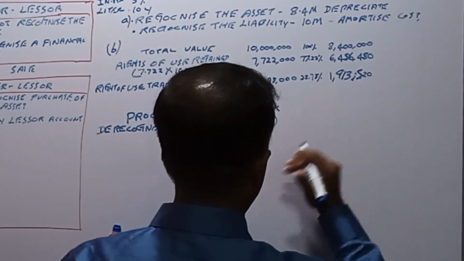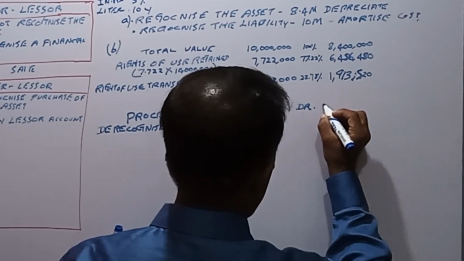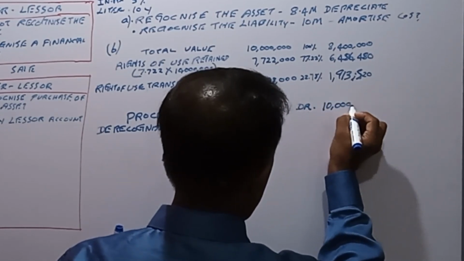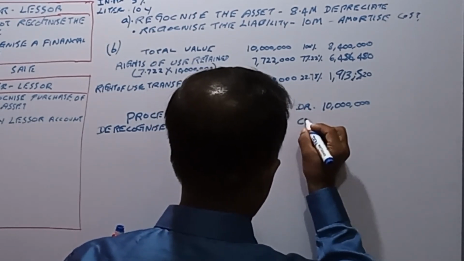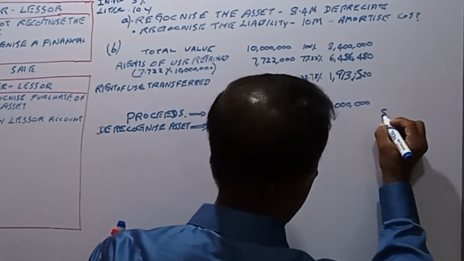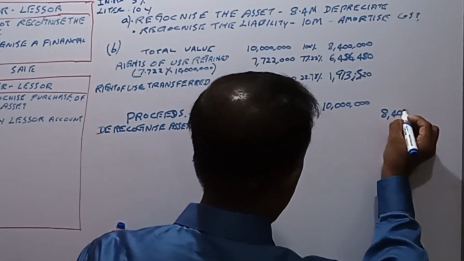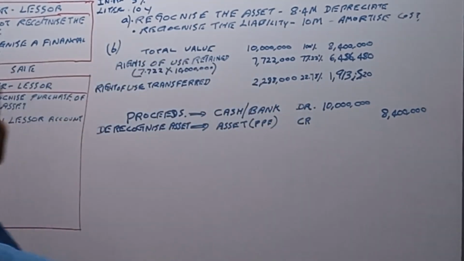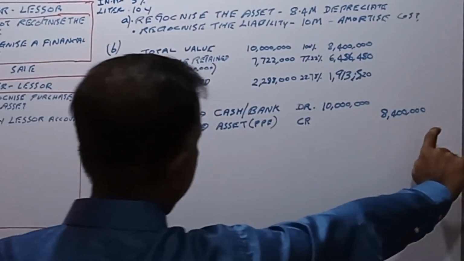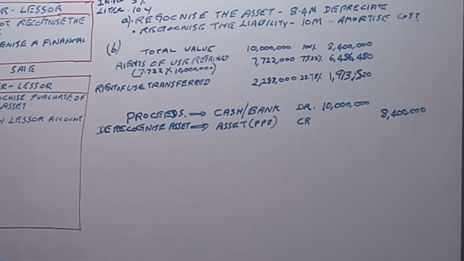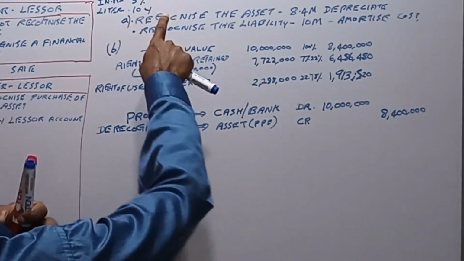This is debit 10 million. This is credit 8.4 million. That is de-recognizing the asset at carrying value. Asset value is 8.4 million, the carrying value in the books. The proceeds are at fair value, 10 million.